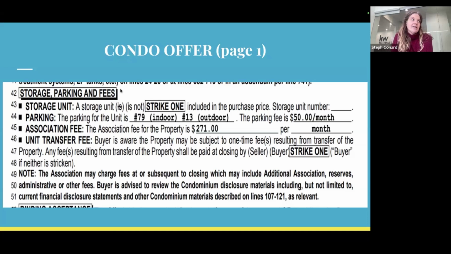So I would say 9 times out of 10, that is when that transfer fee comes to light. And that should be known actually prior to even writing an offer. So listing agents, that's also a call to you to make sure that we're asking that question.